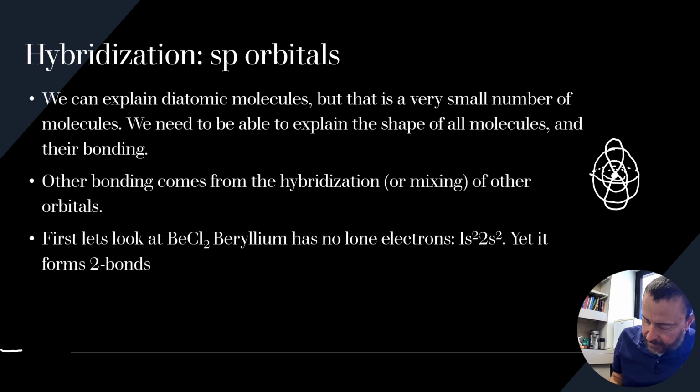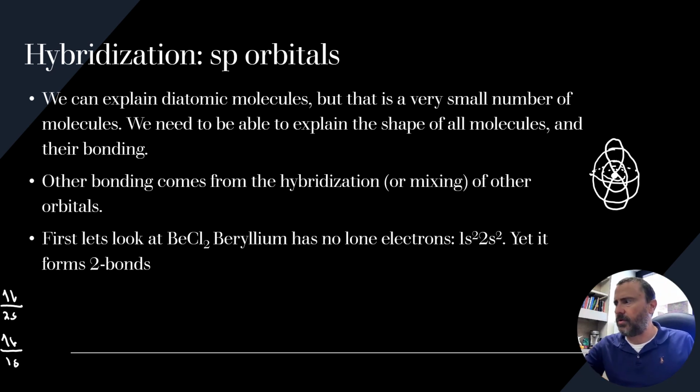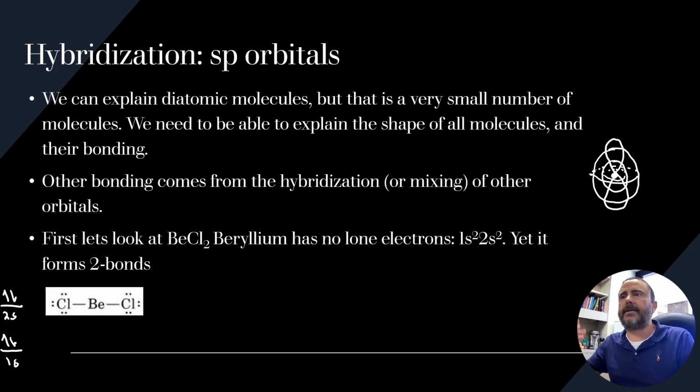And so if we think about that, we have 1s, and then we've got a 2s. All the electrons are paired up, and yet beryllium chloride actually forms 2 bonds. The beryllium forms 2 bonds to form this linear molecule here. All right, and so then how can that possibly occur?